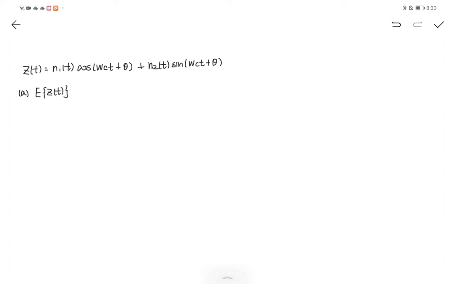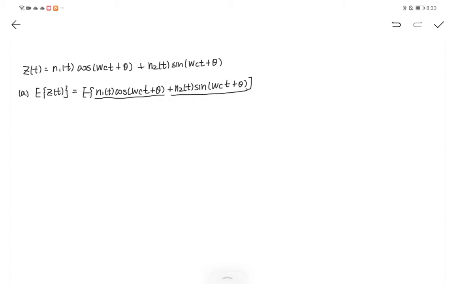So we can write down the Z(t). We know that this part plus this part, so we can separate them directly into expectations.